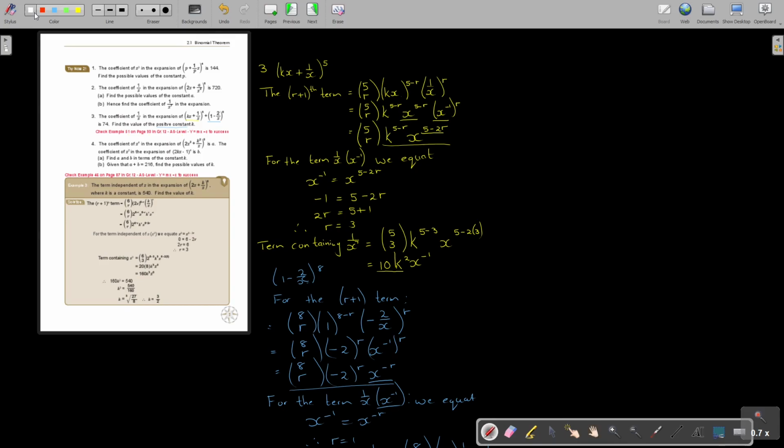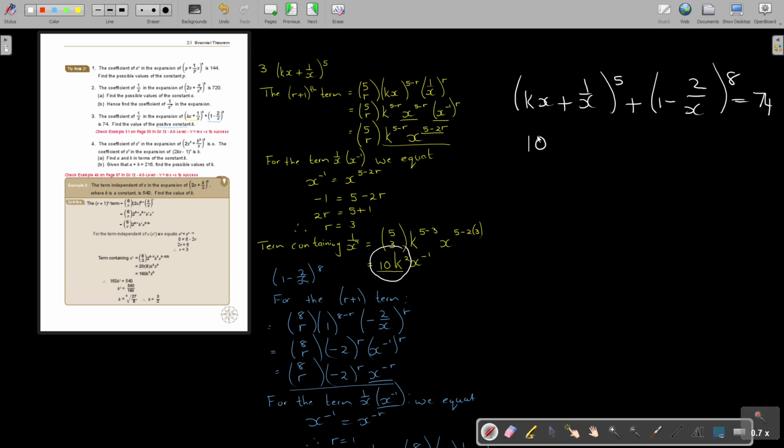Originally, I had, and I'm just going to write it here, so it was kx, oh sorry, I just don't want to close that bracket, plus 1 over x to the power 5, plus 1 minus 2 over x to the power 8. And that there, it was equal to 74. Do you remember? So now I have this coefficient, which I'm bringing in. So it was that 10k squared, that's the coefficient. I want to make it white. So it's that 10k squared.